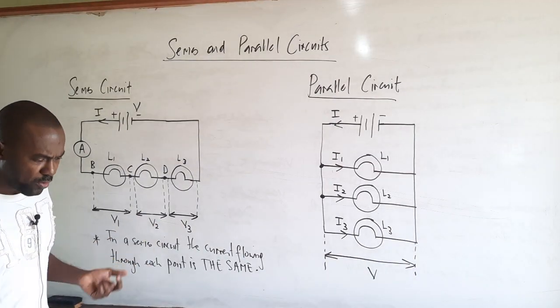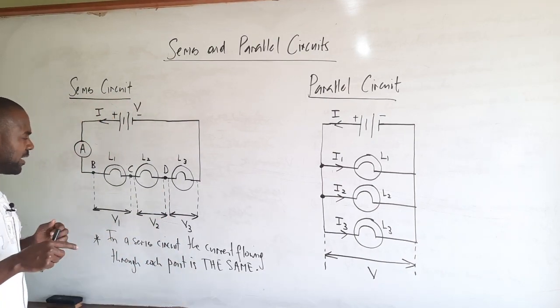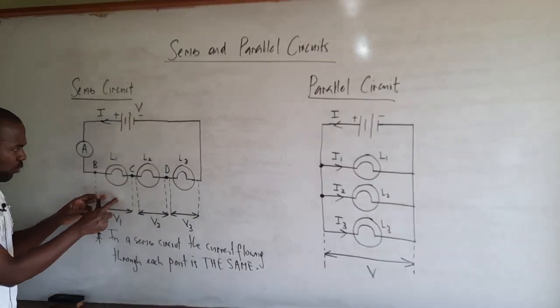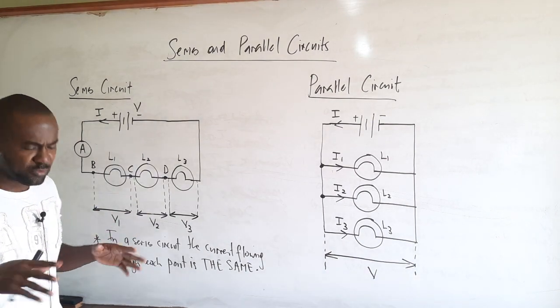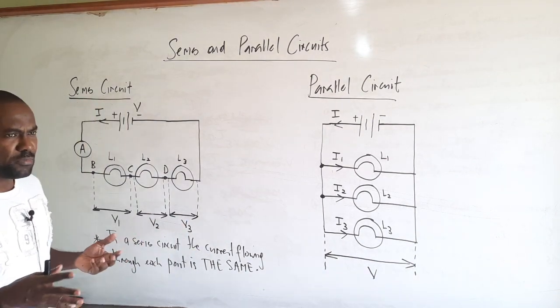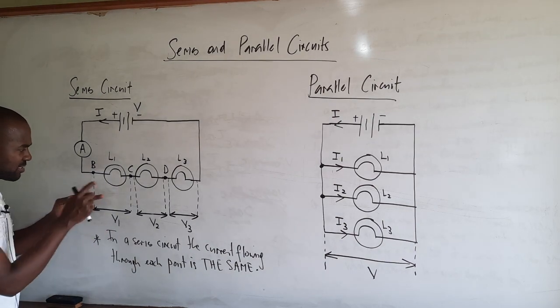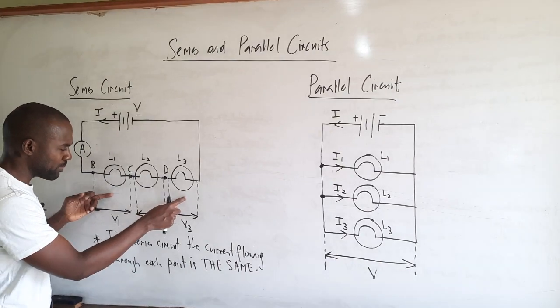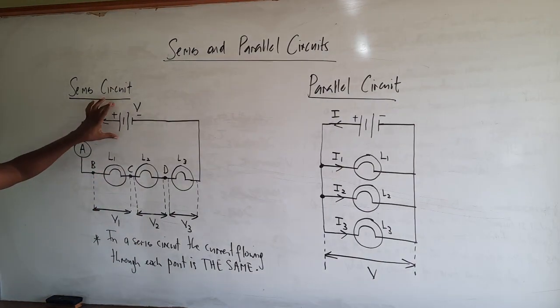Now, what we would notice is that if we take a voltmeter and connect it across lamp L1, or let's say we have 3 different voltmeters of very high resistance, and we connect each of them across L1, L2, L3 respectively, and of course a 4th voltmeter across the battery.